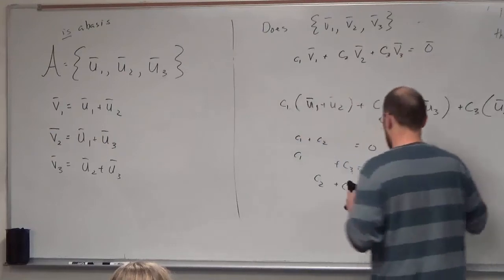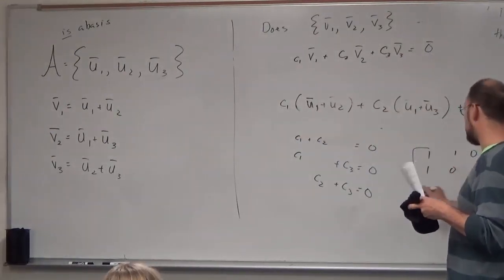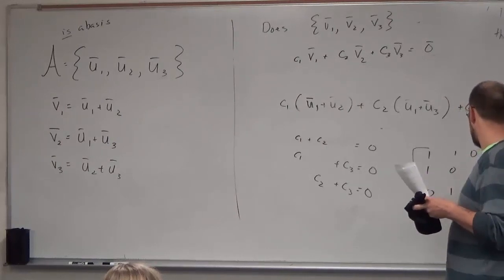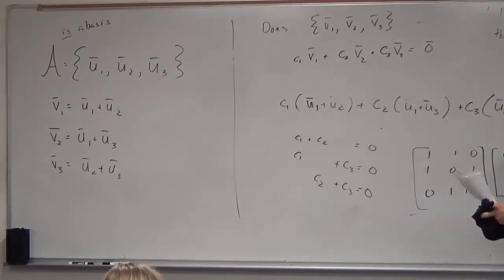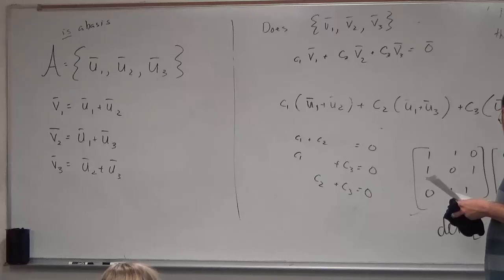Now, if you look right at this equation, I won't go through it, but we can quickly find the determinant of this matrix. The determinant of our matrix is not 0.